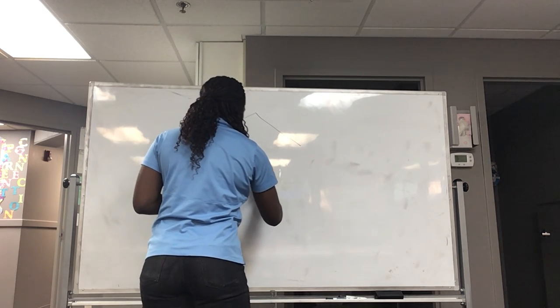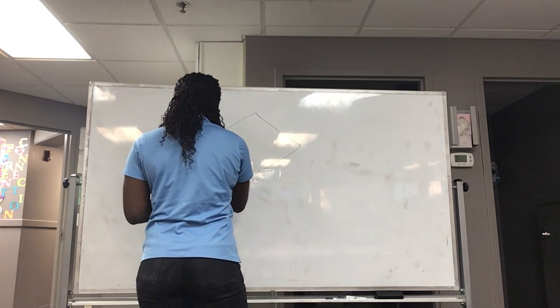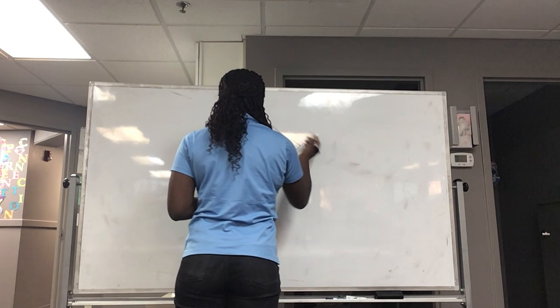So I'm going to give you this rhombus and then the diagonals, and then you guys try and find the area, and we'll talk about it.